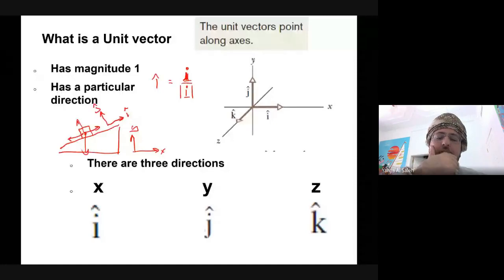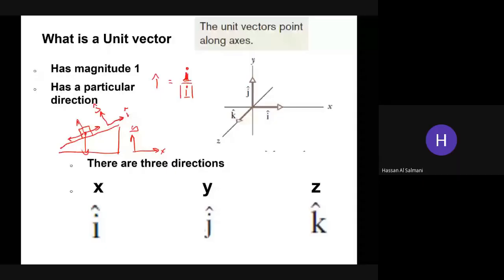Suddenly, I have redefined my IJKs so that my fixed directions, my unit vectors, are in a very easy direction. I don't need to deal with sines and cosines anymore. I simply add them like numbers. Do you get an idea of what is the power of unit vectors? Why is it important?